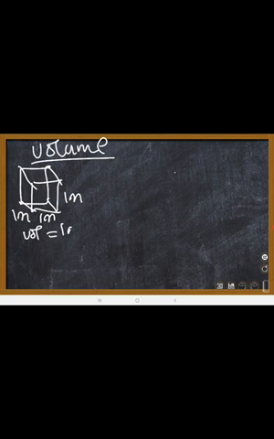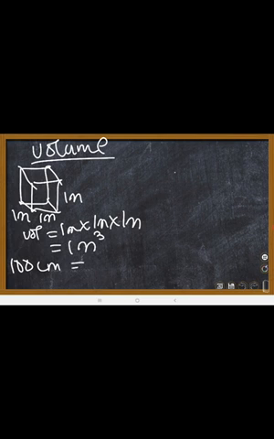For example, if you have a box of side 1 meter, 1 meter, 1 meter, the volume will be 1 meter times 1 meter times 1 meter, which is 1 meter cube. And of course, you know that 100 centimeter equals 1 meter.